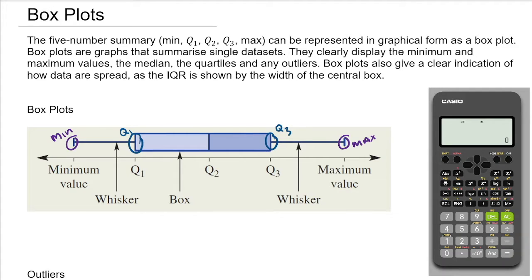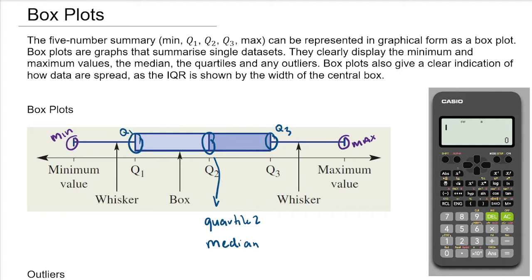So there's quartile 1 and quartile 3, and then obviously here is our quartile 2, which is often referred to as our median. So there's all our quartiles taken care of.